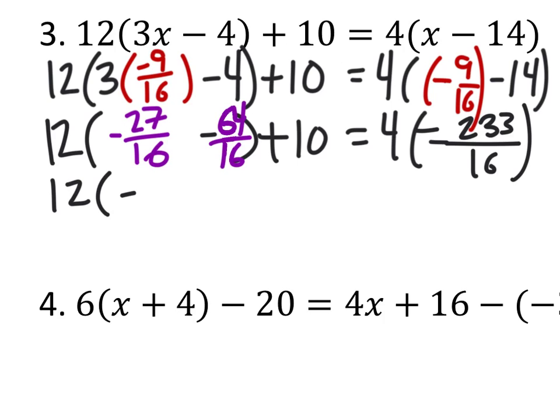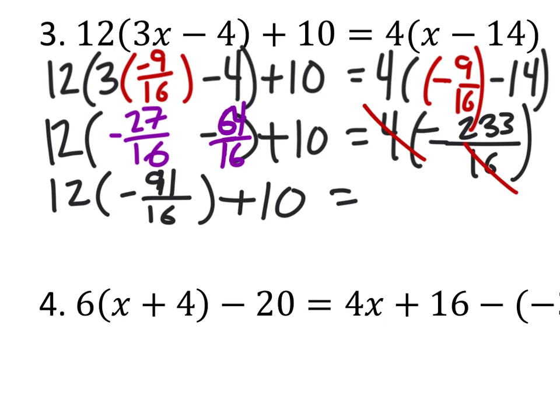It's going to be a negative, instead of 16, negative 27 minus 64, negative 91 is what it looks like, plus 10, equals, and we can simplify this side, the 4 will cancel out there, it'd be a negative 233 over 4. All right, that means we just got to work with the left side, and that's great.